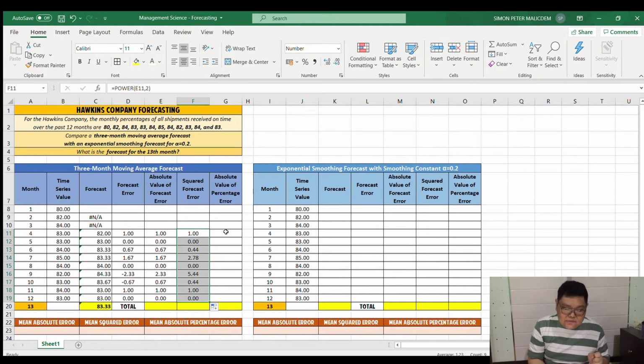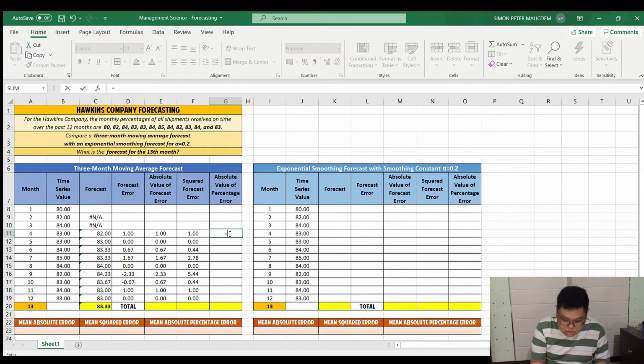Next is the absolute value of percentage error. We're going to type equal, open parenthesis, type in the absolute value of forecast error.